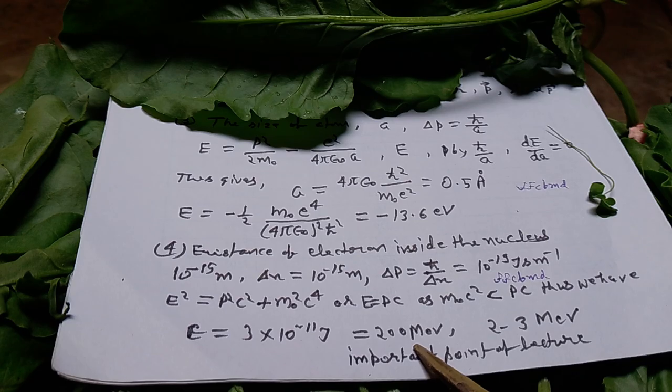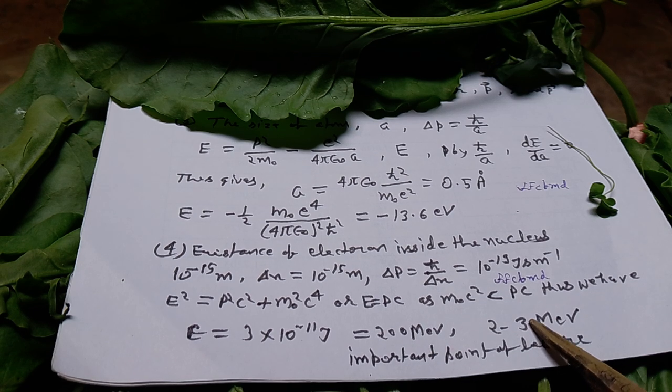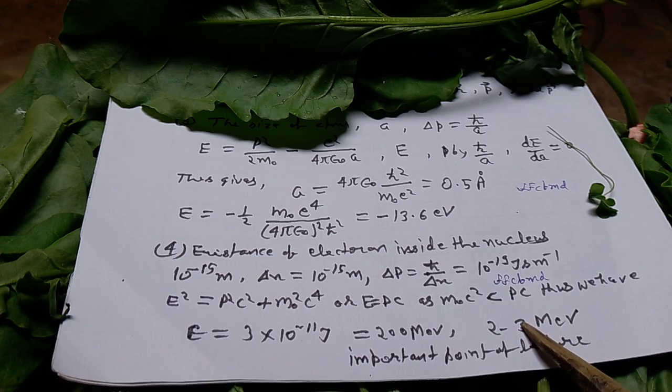But experimentally we find that during the beta decay of a nucleus, an electron of energy between 2 to 3 mega electron volt is ejected. Hence we conclude that electrons were not present in the nucleus before they decay.